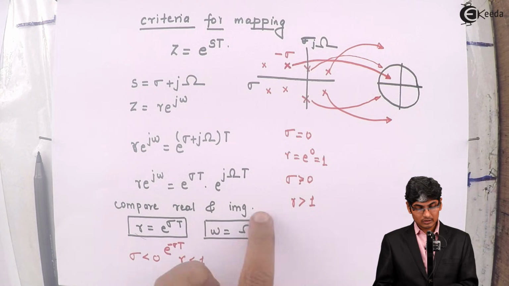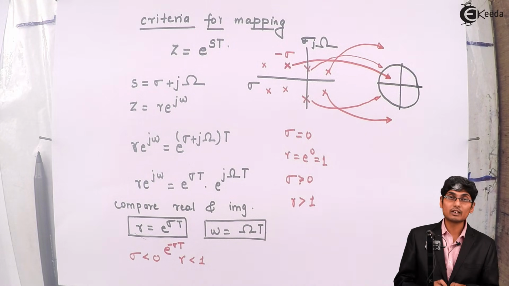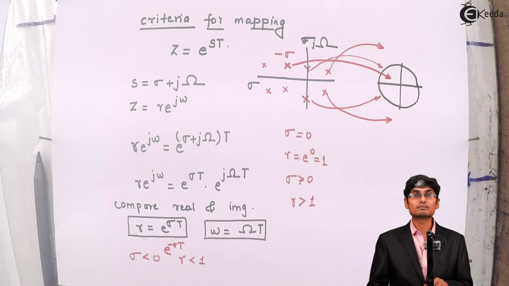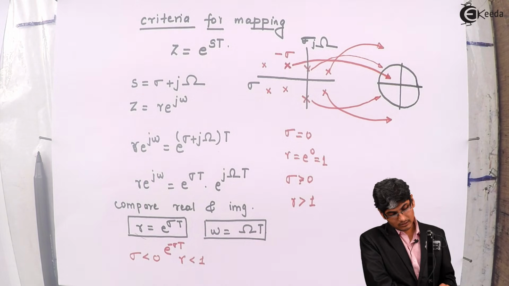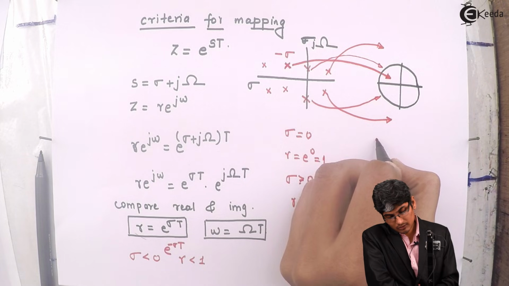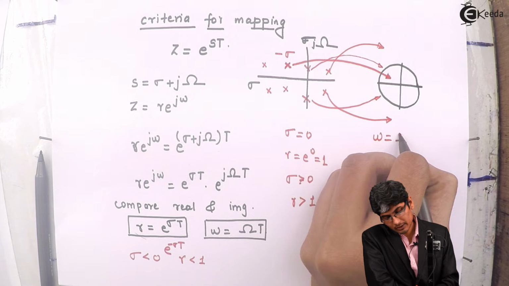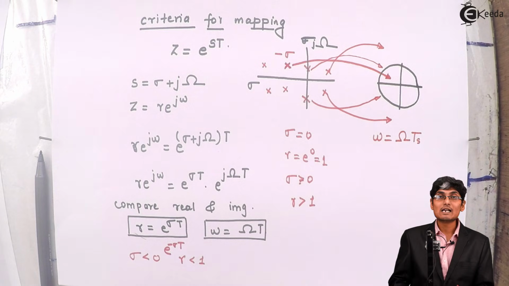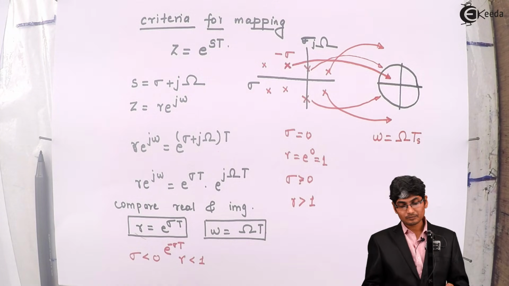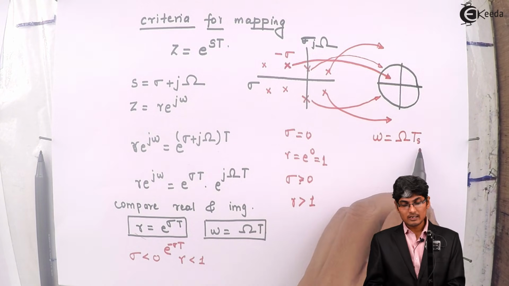Now let us come to this other equation and see what information it gives us. Let us determine what this equation tells us. I will write that equation as omega equals Omega into Ts, where Ts is the sampling period. It determines that the frequency is sampled.